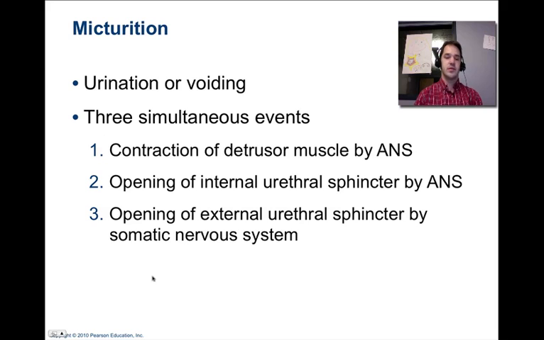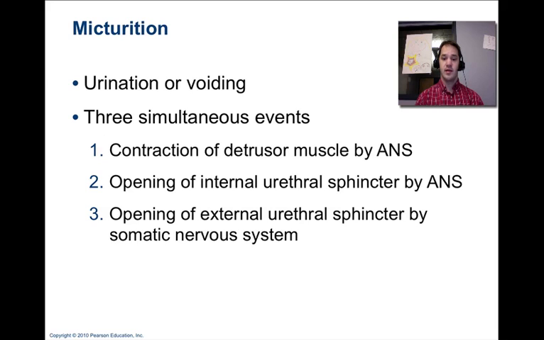So micturition is a fancy word for peeing, pissing, making water, tinkling, whatever you would like to call it, urination or voiding. So what happens? Contraction of the detrusor muscle by the autonomic nervous system, involuntary. Opening of the internal urethral sphincter by the autonomic nervous system, again involuntary.